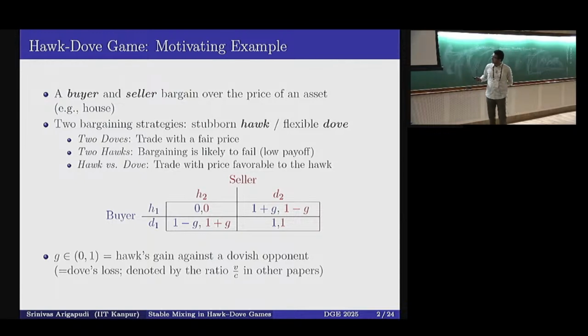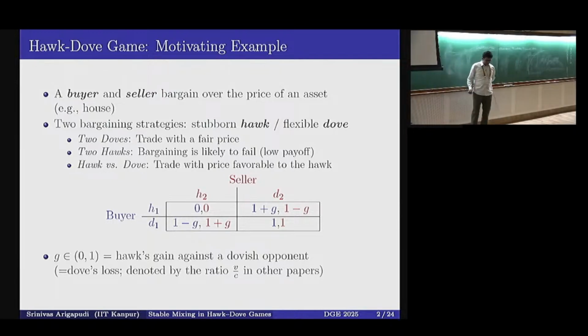One Nash equilibrium is where player 1 is choosing to be aggressive, and player 2 is choosing to be flexible or a dove. The second one is where player 1, the buyer, is flexible and the seller is aggressive. And then there is also a mixed Nash equilibrium which you saw earlier.